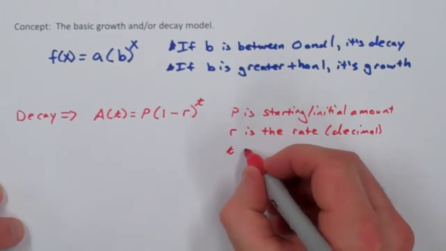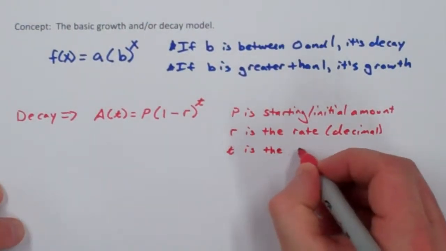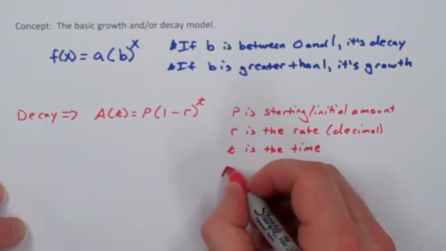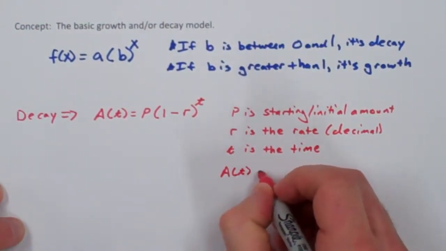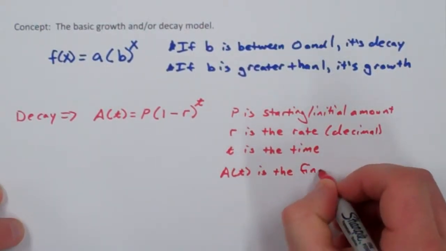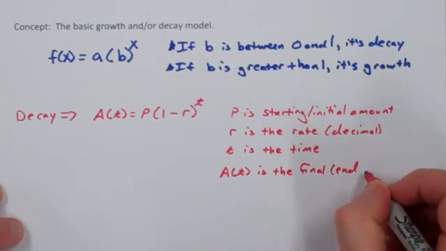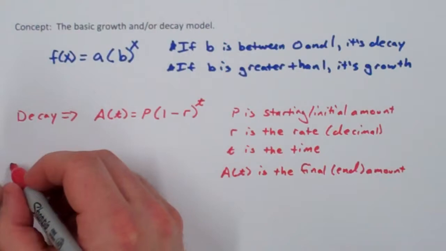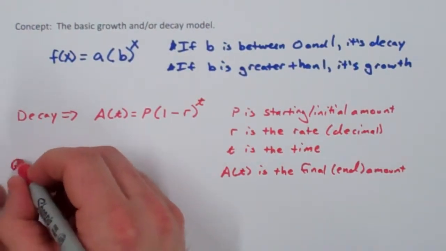And then t is the time. And A at t is the final or end amount.